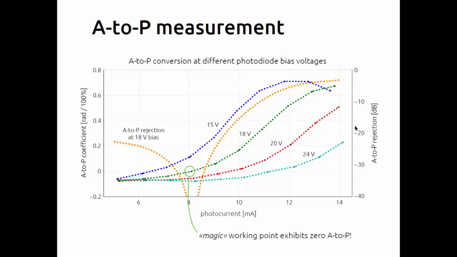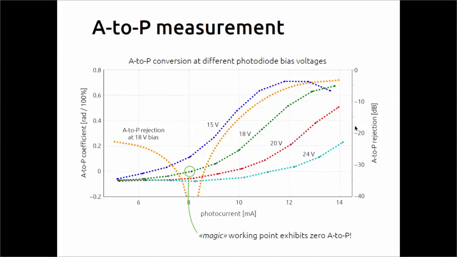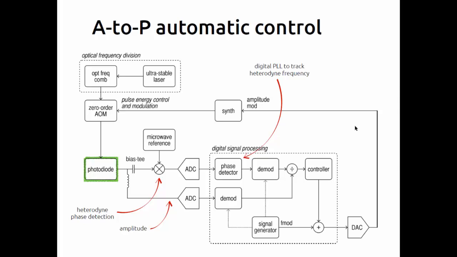Fortunately, there is an operational point where the amplitude to phase conversion is actually 0. Then we can implement a scheme for the active stabilization of the working point of the system to this magic point where the amplitude to phase conversion is 0.